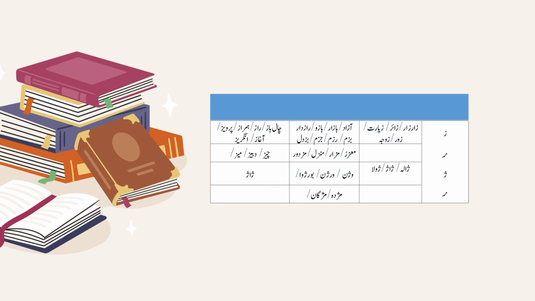We'll see Z in its initial position. You can see here that it is used in all the words in its full form: zar, zair, ziyarat, zawja, zor. Why did it not change shape?